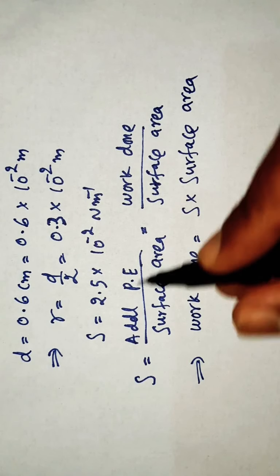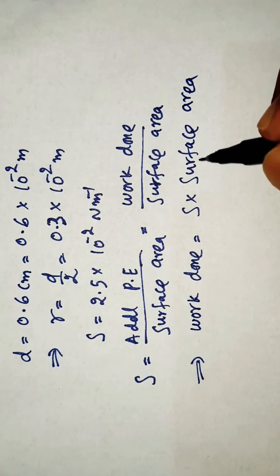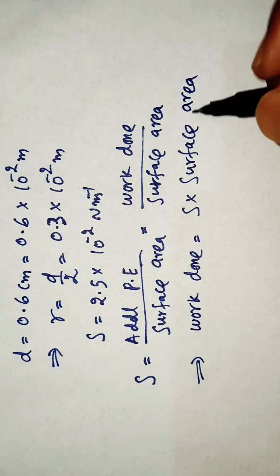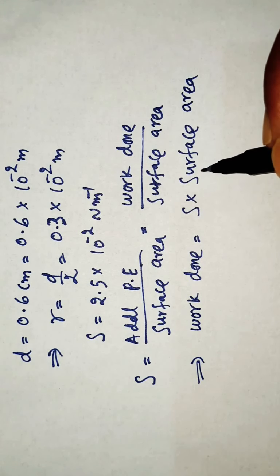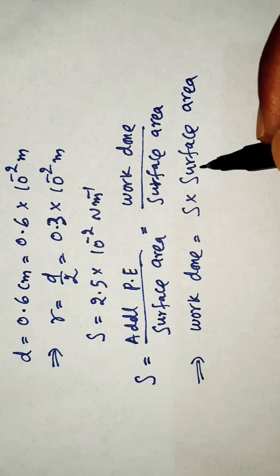So here S is given and surface area of soap bubble. Here soap bubble have two surfaces. So it is in spherical shape. So the surface area of the sphere is 4 pi r square.